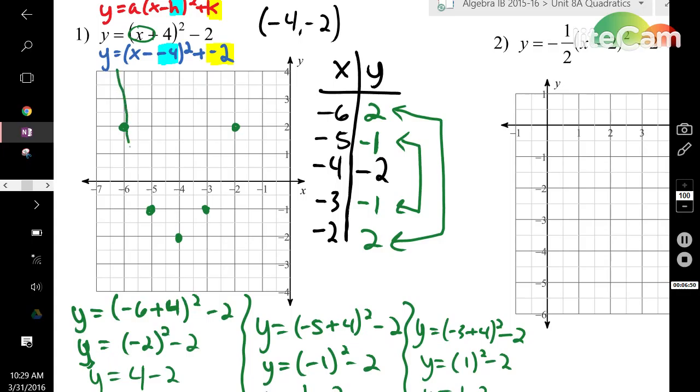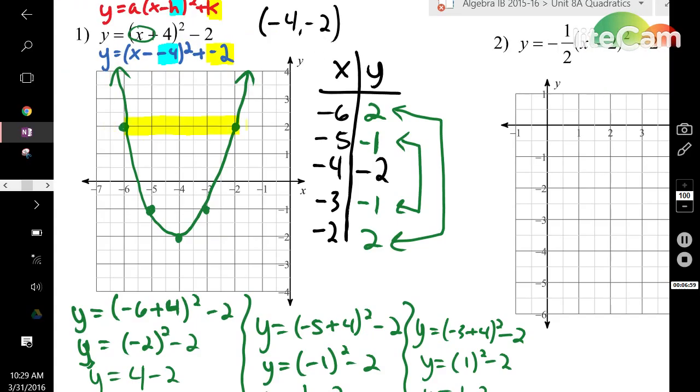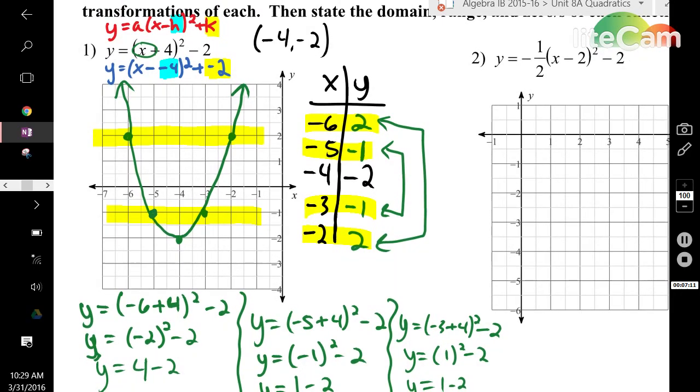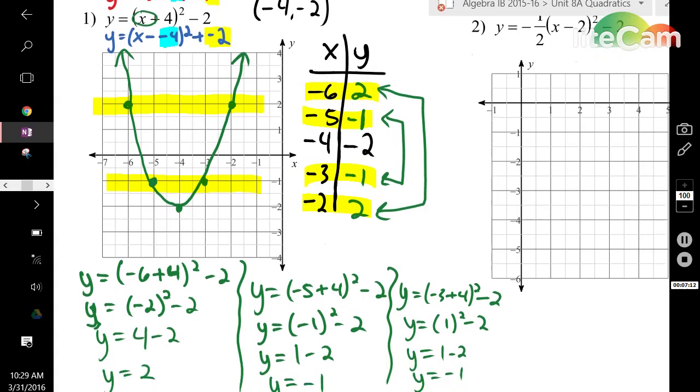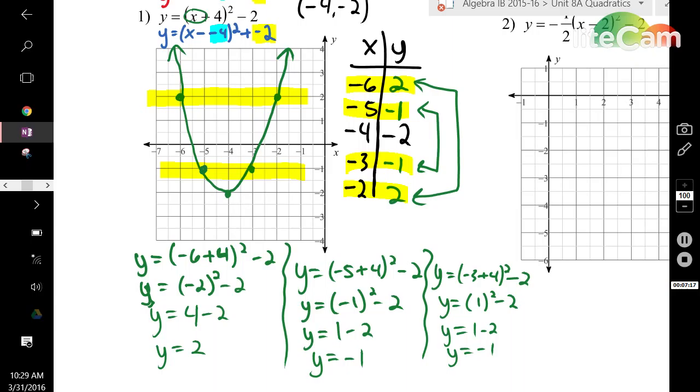So you see how the repeating y values give you that symmetrical shape. So these 2 in yellow and these 2 in yellow, those are these 2 points here. And because they have the same y values, it gives you that U shape. As you can see from the graph, it's been translated left and down.